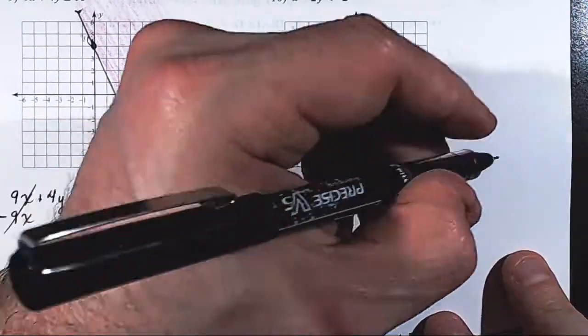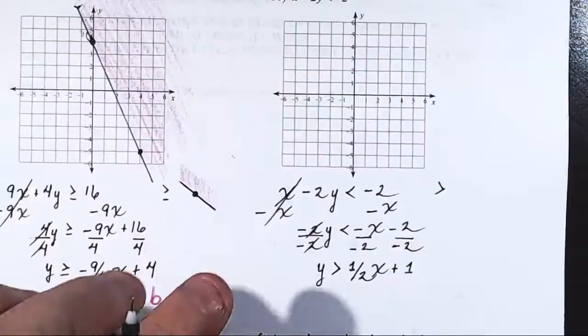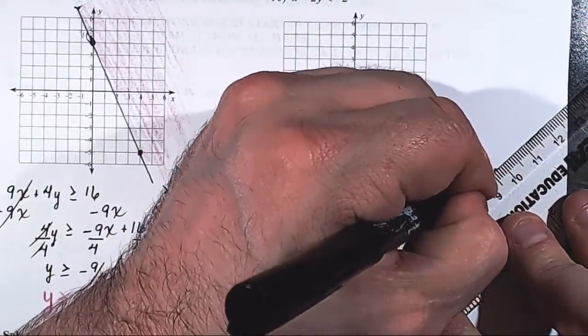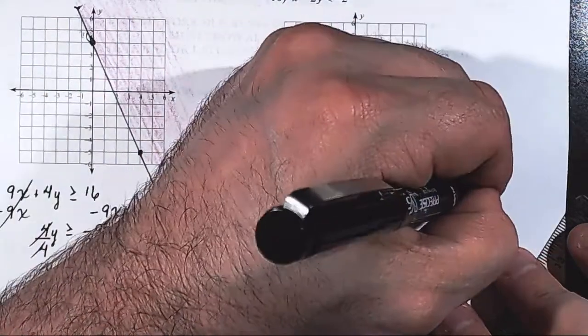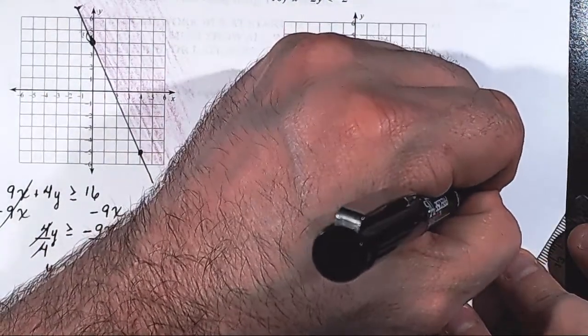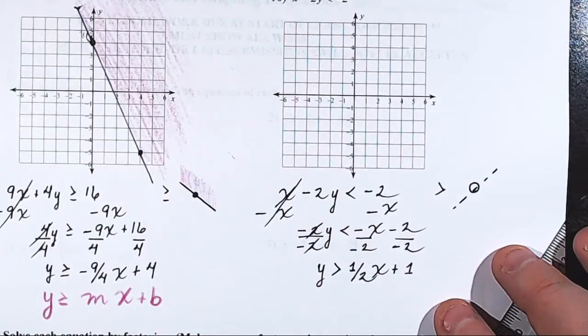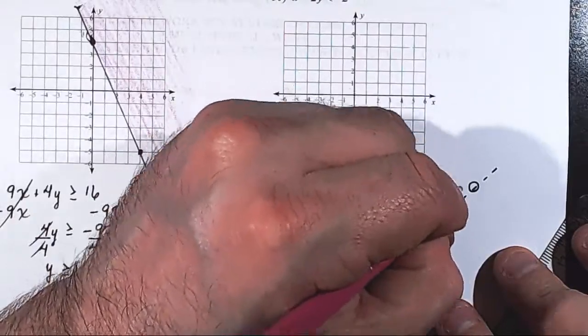I'm dealing with a greater than symbol, so what am I going to do? I've got a positive slope, so I'm going to have an upward sloping dashed line. If I have anything I bubble in or circle in, I'll use an open circle, and because it's greater than, I'll be shading above the line.